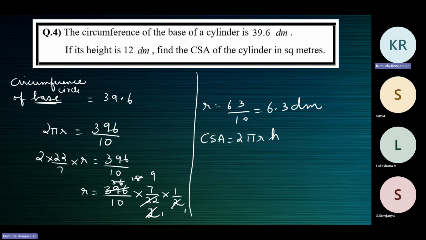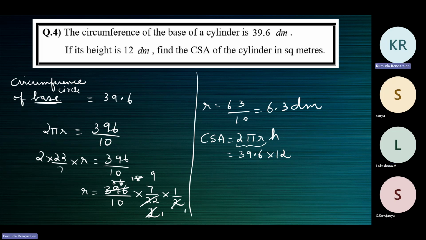And what is the value of 2 pi R? 39.6. So in this case, since CSA is equal to 2 pi RH, 2 pi R is given to us. So we can directly take 39.6 into H, which is 12, correct? Yes, ma'am. But this working is perfect. You have helped us find the value of R.